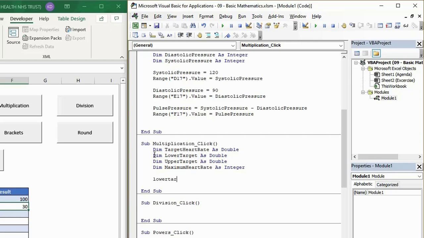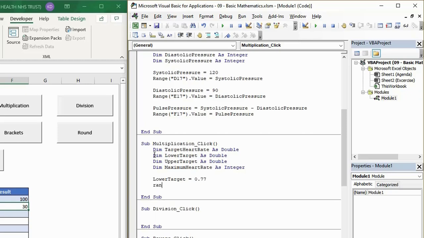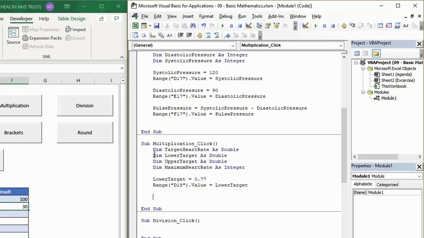Let's say our lower target is 0.77. And our upper target 0.93.